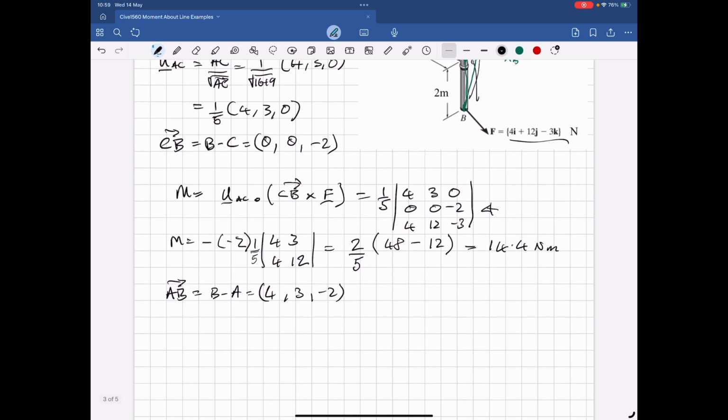So the M, and we're going to get the same answer, is u_AC, unit vector in AC, dotted with AB crossed with F, which will be 1/5 again of 4, 3, 0, and AB is 4, 3, minus 2, and F is 4, 12, minus 3.